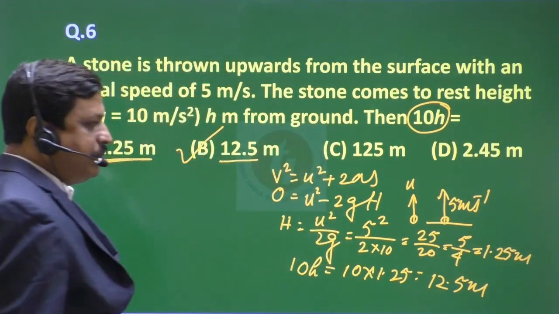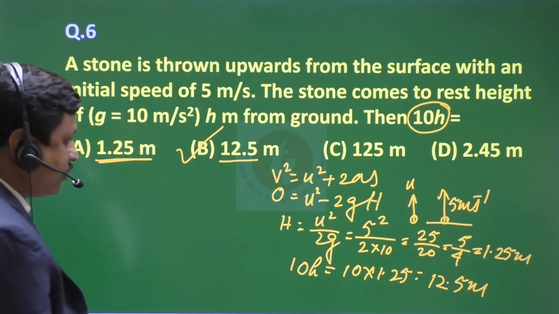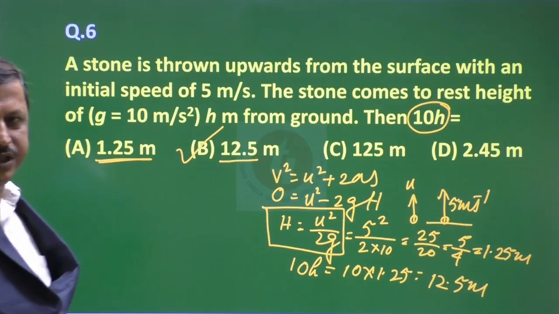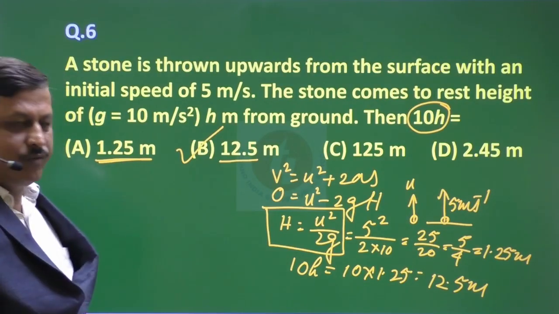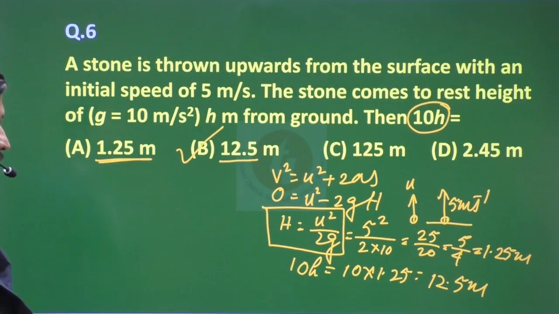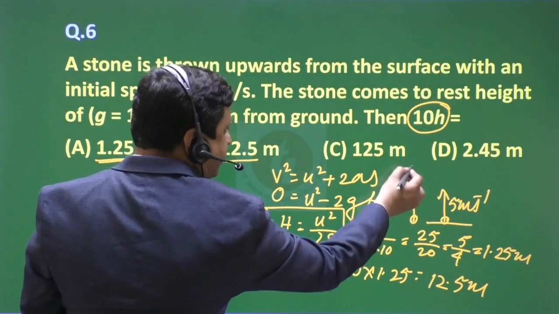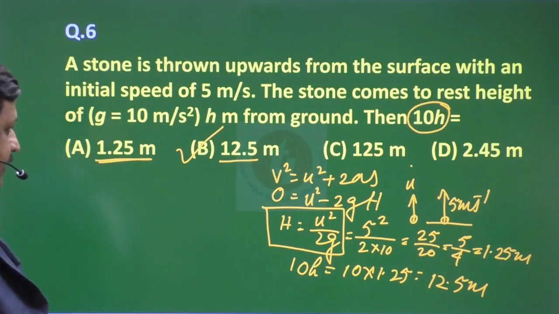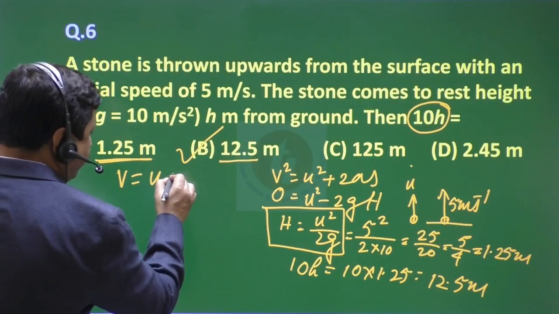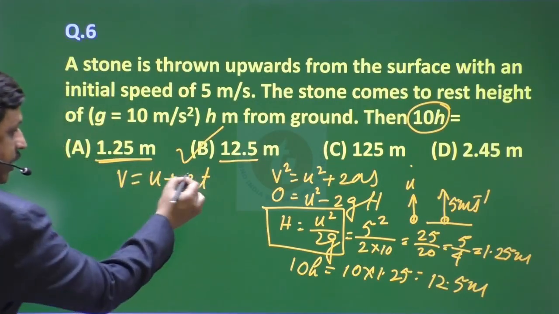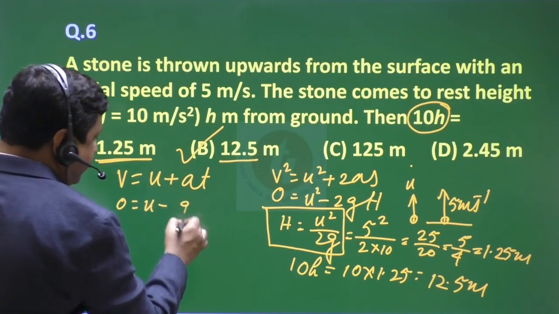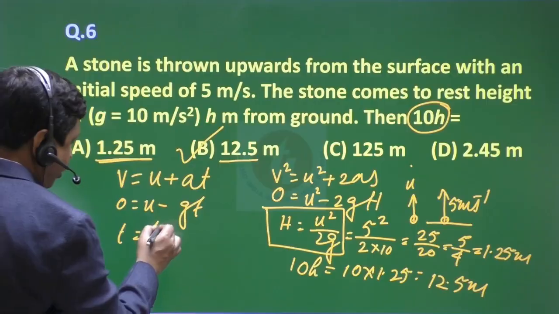And you have to remember this equation, the maximum height will be h equals u square by 2g. This is a very important formula. And also you have to remember the time to reach from the ground to the maximum height. If you put the equation v equals u plus at, with v equal to 0, 0 equals u minus gt, so time will be u by g.